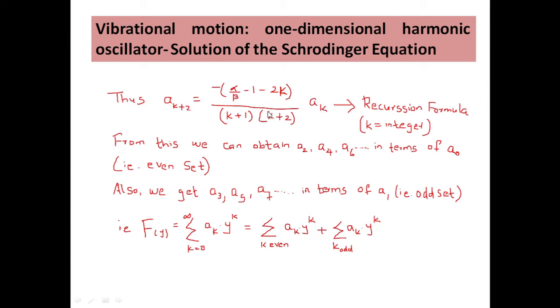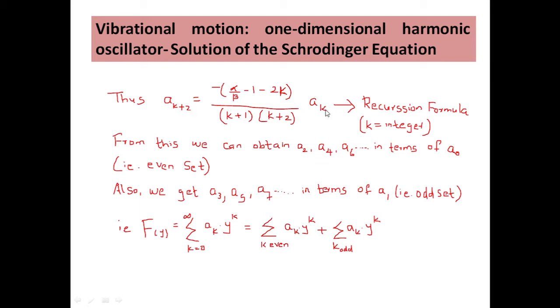Such a formula is termed a recursion formula. That is, higher coefficients can be written in terms of lower coefficients. And here k is an integer. Once we know a0, we can find a2, a4, a6, etc., because to this k we have added 2.